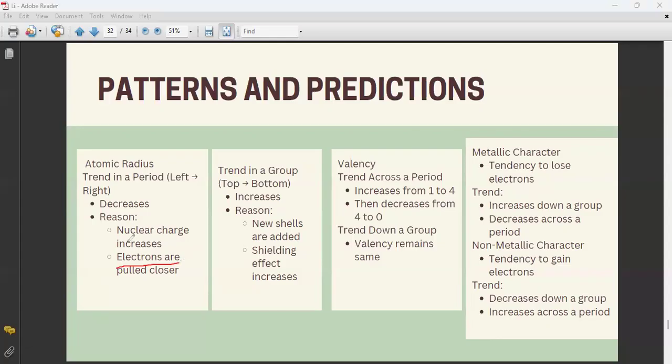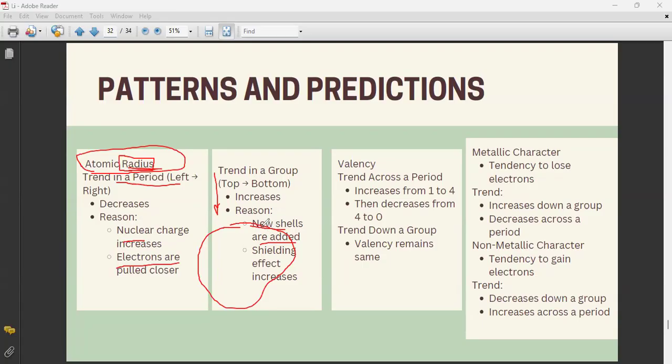That's why the atomic size will be decreasing as we move from left to right. But from top to bottom, it will keep on increasing, because new shells are added, and as new shells are added, the atomic size increases. Please consider it as an atomic shell.